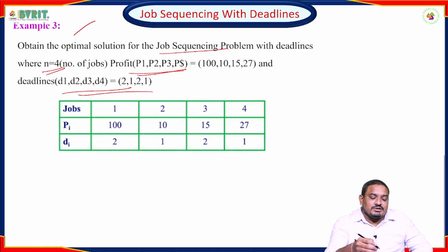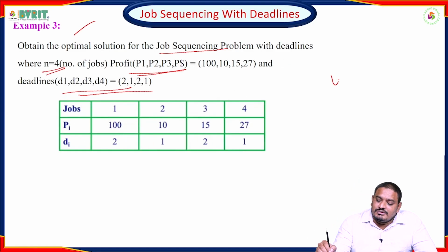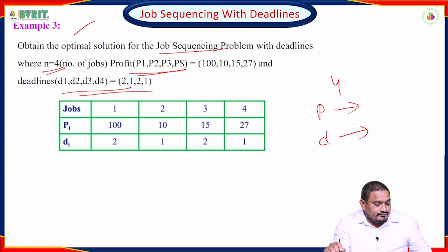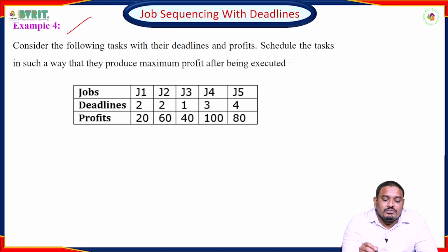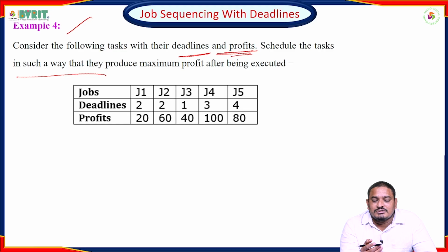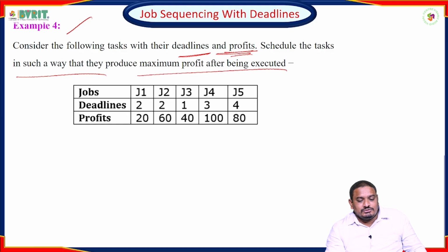In the third example, 4 jobs are there, profits are given, and the deadlines are also given. Problem 4 is also another assignment for job sequencing with deadline. Consider 5 jobs with deadlines and profits. Find the schedule of tasks that produces the maximum profit after being executed.